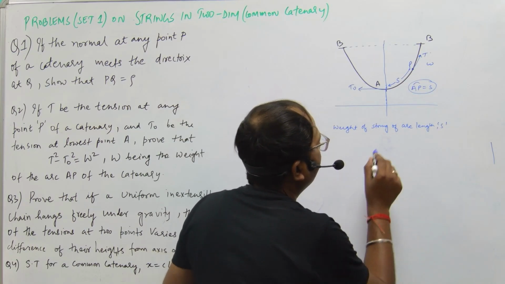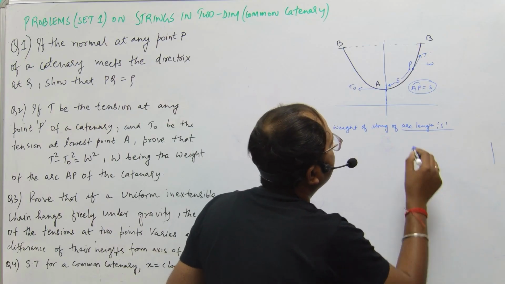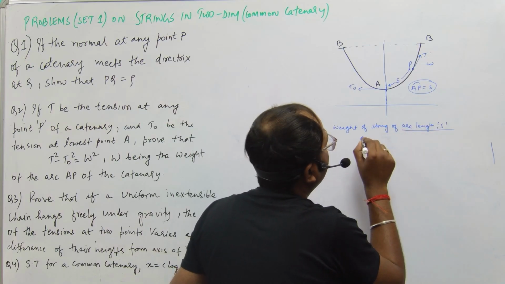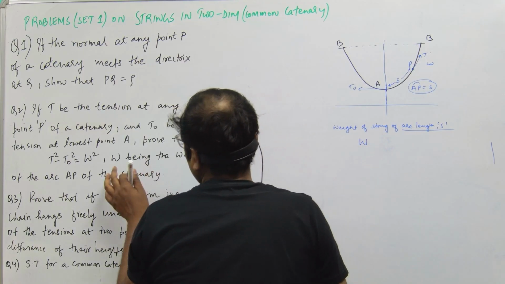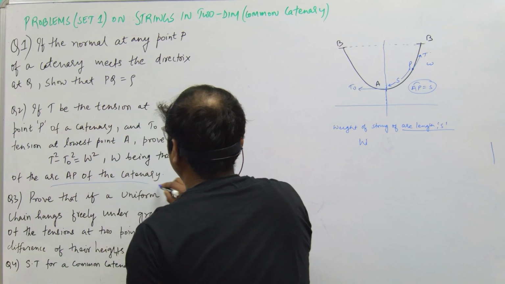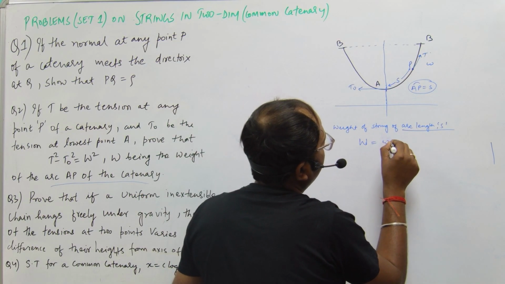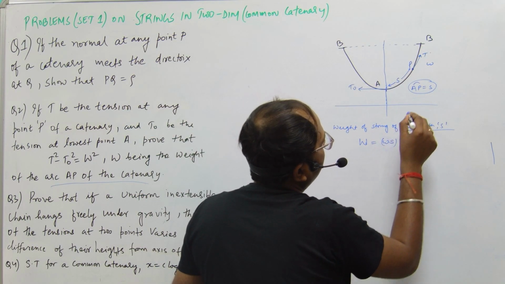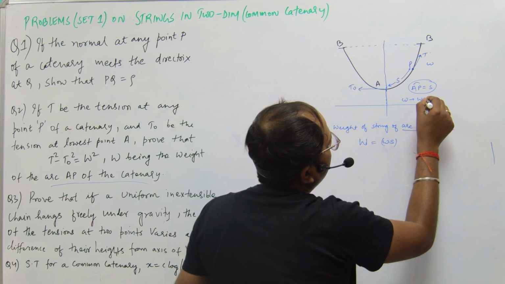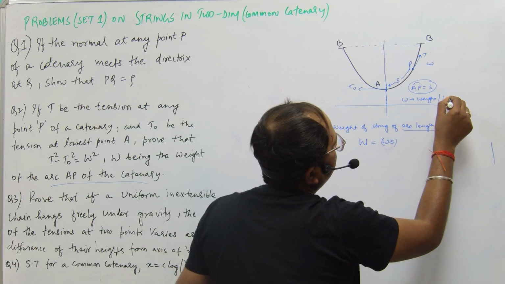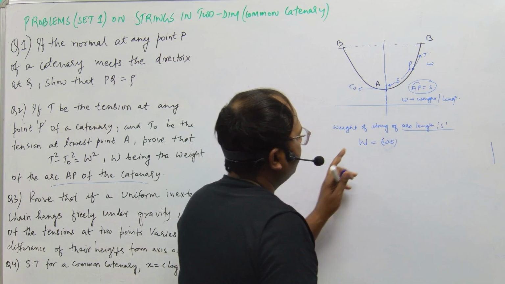The weight of the string of arc length s is capital W, W being the weight of arc AP of a catenary. So capital W is equal to small w into s, where small w is the weight per unit length. Okay, this is capital W.